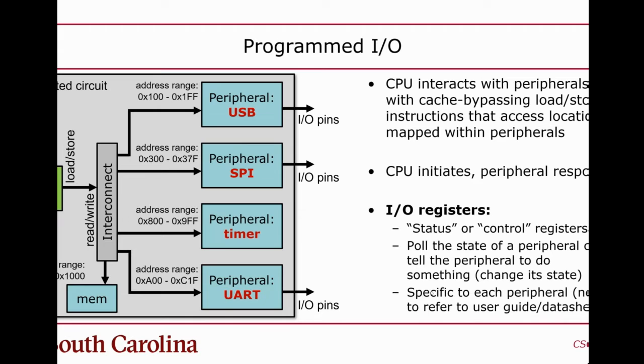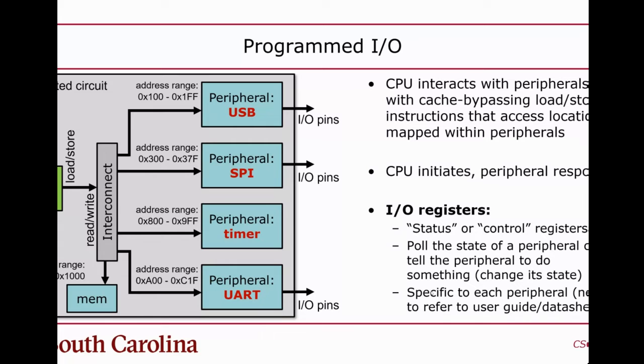In this case, the CPU is the entity that initiates the read or write operation. The peripherals can't initiate that, which is why there are interrupts, a way for the peripheral to get the CPU's attention.